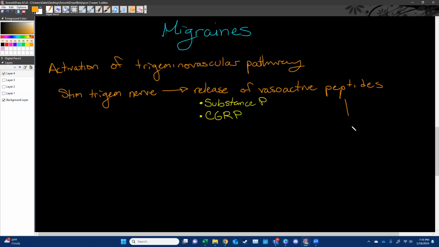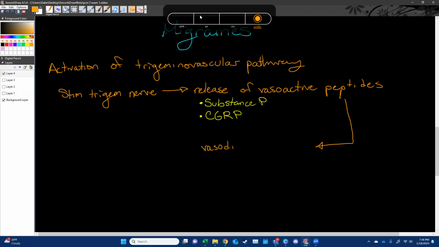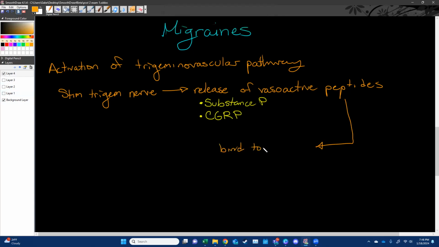Once these peptides are released, they vasodilate, or I'll say that they bind to the CGRP receptor.